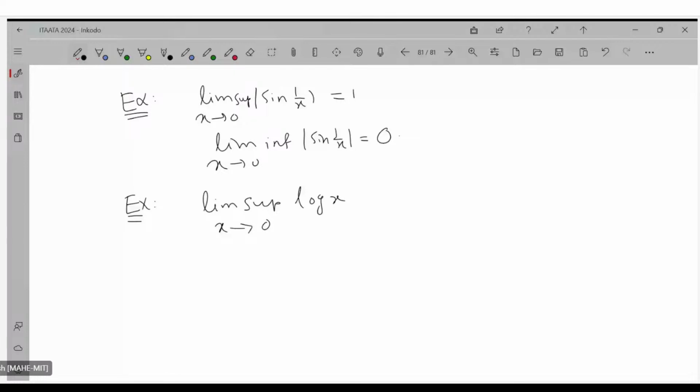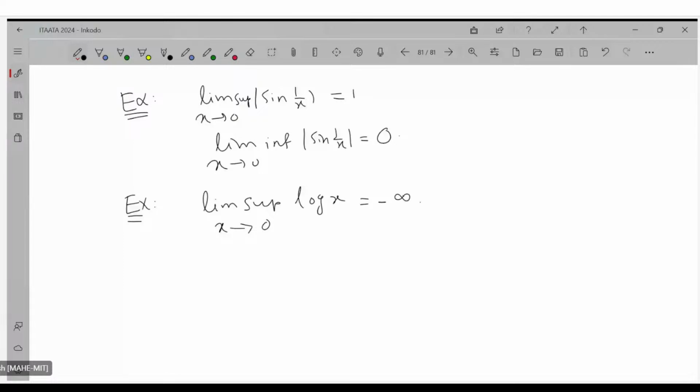So it's an unbounded function at the point 0. Mod of sine 1 by x is a bounded function in the deleted neighborhood of 0, but log x is an unbounded function in the deleted neighborhood. Therefore, you will find that this will be nothing but minus infinity.